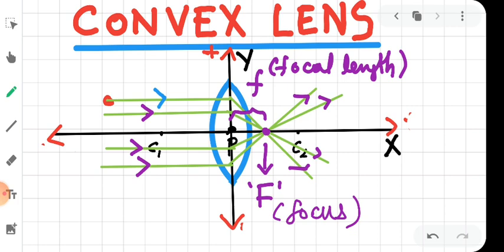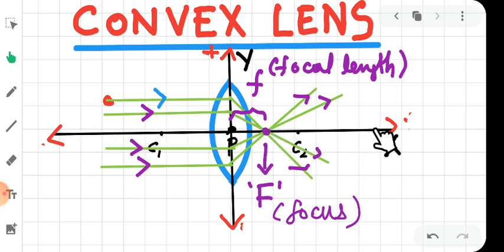See, there is a specialty about this focus, because all these rays are also running parallel to the principal axis. What happens? All these rays meet at a focus which lies on the principal axis.